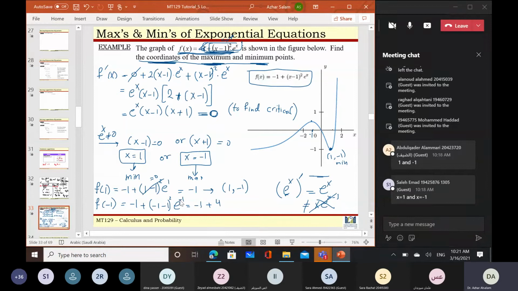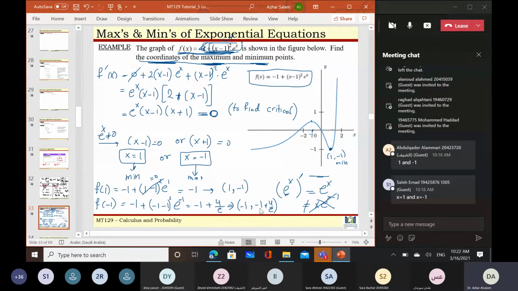Since the power is negative, I can write it in the denominator, since the e is in the denominator. So this is actually the y coordinate. I can calculate it exactly, or I can write it as it is: minus 1 and minus 1 plus 4 divided by e. You can find its exact result.